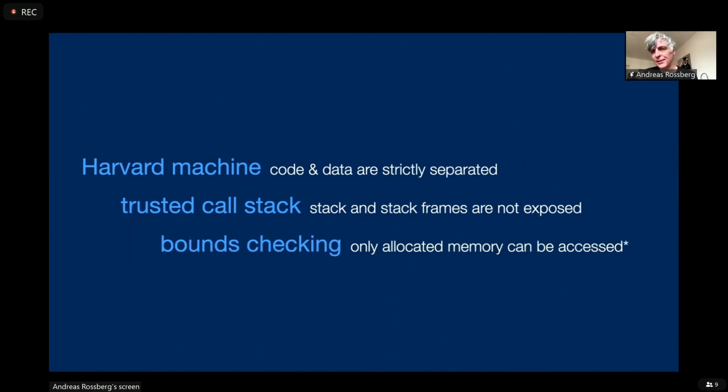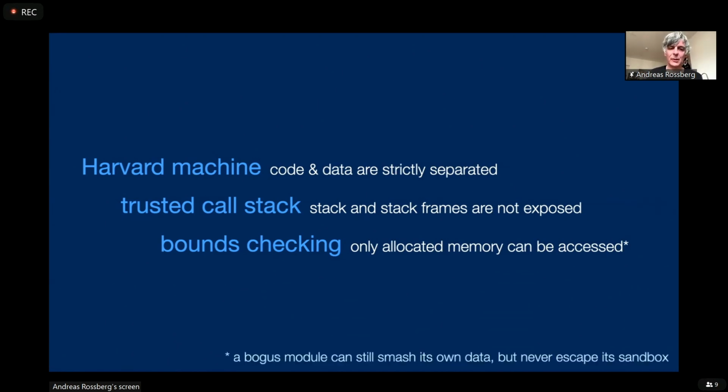When you actually access proper memory, like data in memory, then in WebAssembly, being low level, this is really just a huge byte array, right? Or several of them. So you just index into a byte array, but that is of course bounds checked. And there's no way to access any memory that you haven't actually allocated yourself. So in that sense, WebAssembly is memory safe, but of course, this is a bit of a more nuanced way of talking about memory safety.